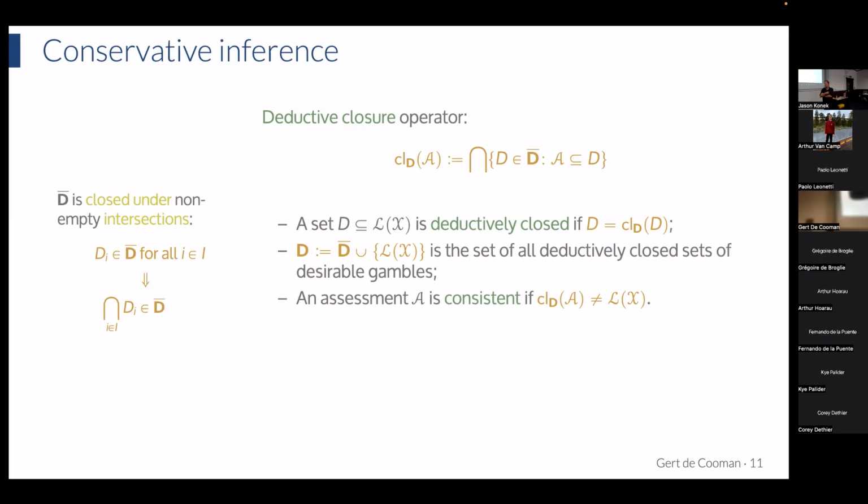Question just on the definition of closure. I think the question was, if you did an assessment with the whole space of gambles, and you put it in there, then the intersection of an empty set is again the space of all gambles.